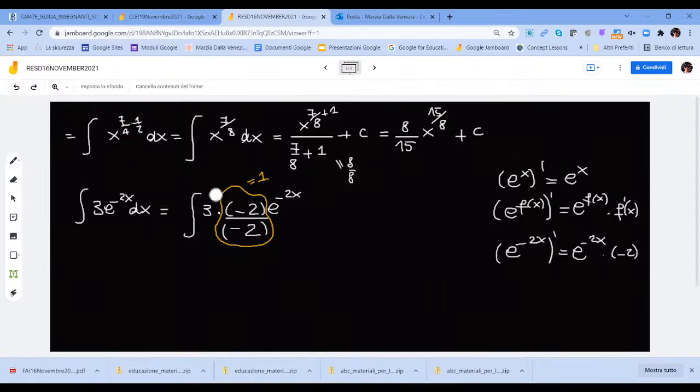So, what is this? As you know, the integral computation is additive and linear. That means we can put together the two terms, minus 2 and e to the minus 2x. I'm sorry, I should have written dx, of course.